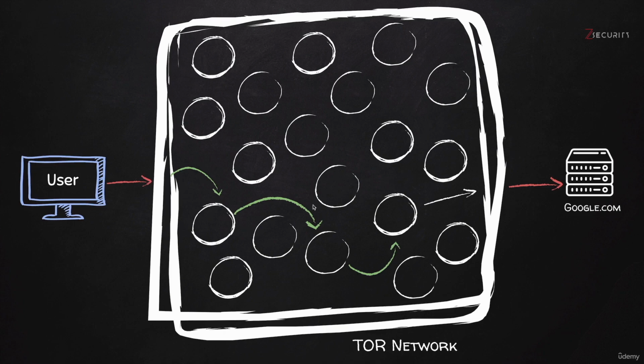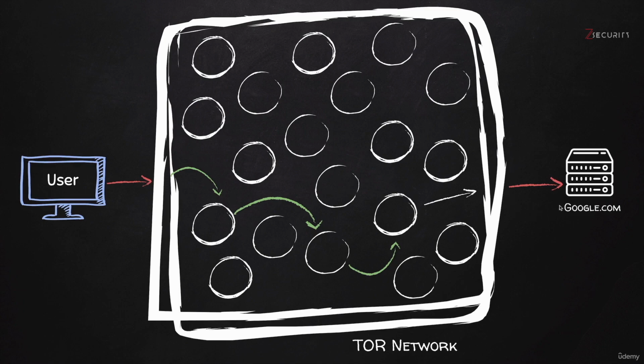Also, data sent within the Tor network is always encrypted, so you can see the green arrows in here. These represent encrypted data, and the only two times where your data is sent unencrypted is the red arrows, so it's when you try to send something to the Tor network, and it's when data leave the Tor network.